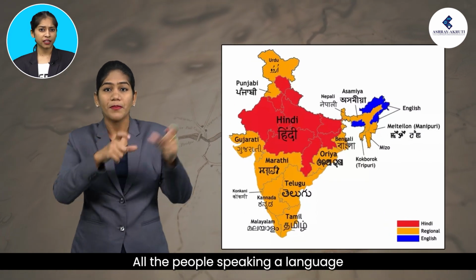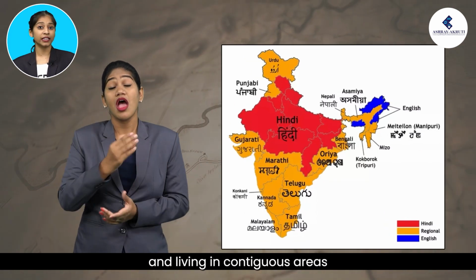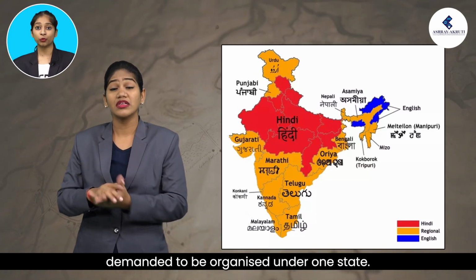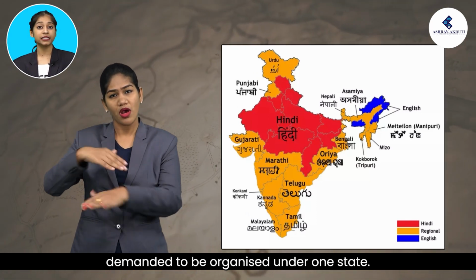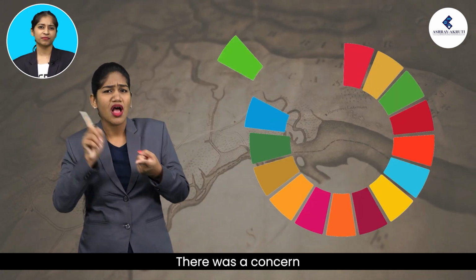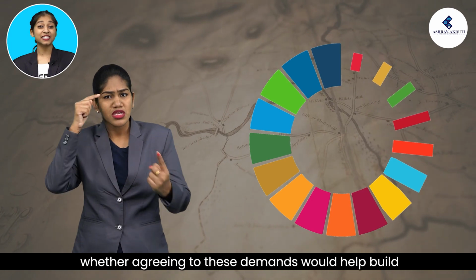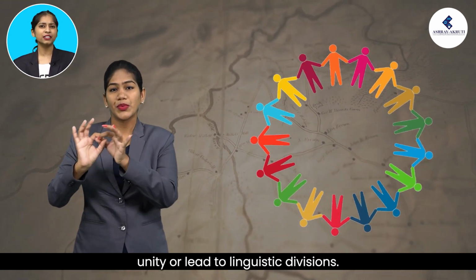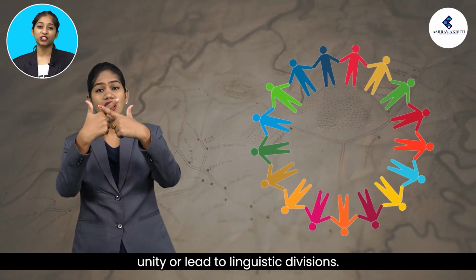All the people speaking a language and living in contiguous areas demanded to be organized under one state. There was a concern whether agreeing to these demands would help build unity or lead to linguistic division.